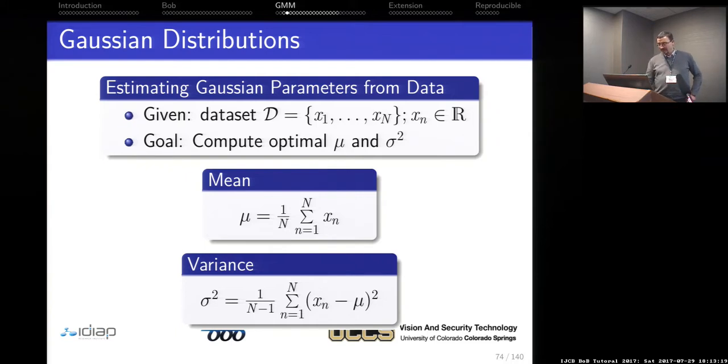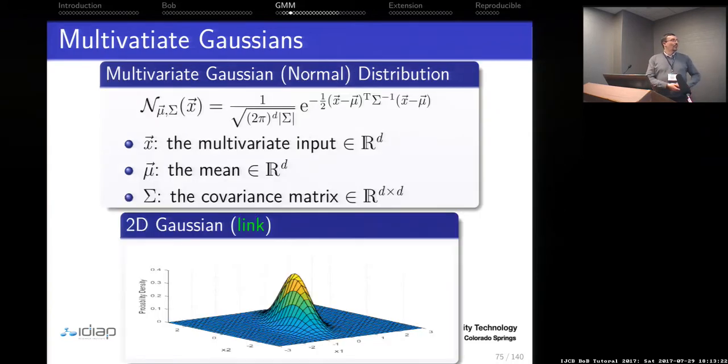That's relatively simple. When we do that for multivariate Gaussians, this is basically exactly the same. It's just that your input vectors are multidimensional. So you have a multidimensional input, your mean is multidimensional, and your covariance matrix is now a matrix, it's not only a single value, but the covariance matrix includes the rotation and the shape of the Gaussian.